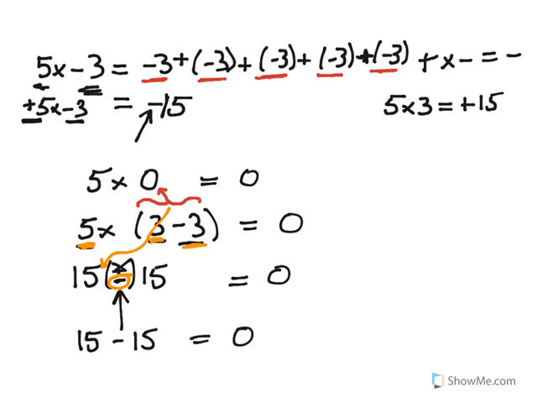So we know that multiplying a plus number, 5, and a minus number, minus 3, gives us a minus answer. So we can define that a plus times a minus always equals a minus.